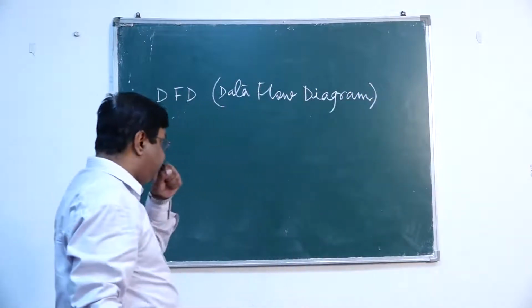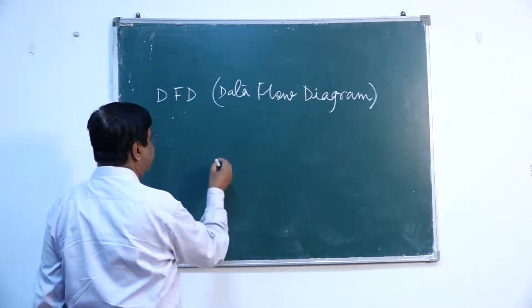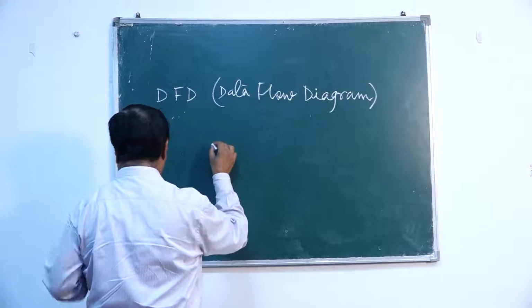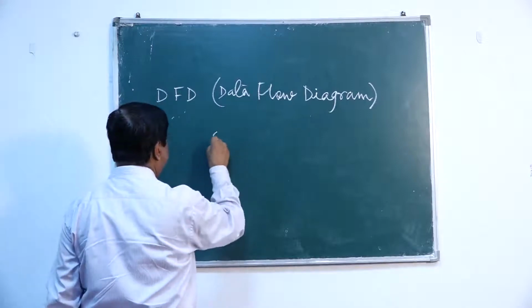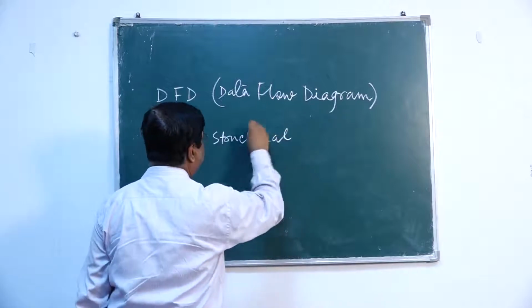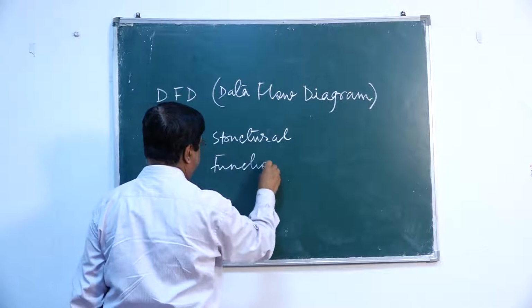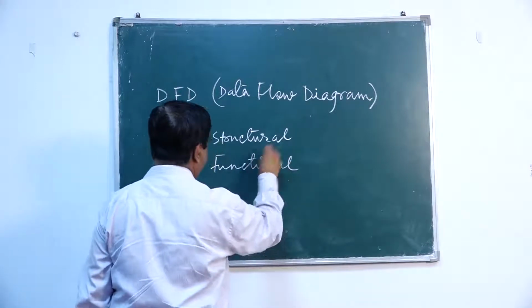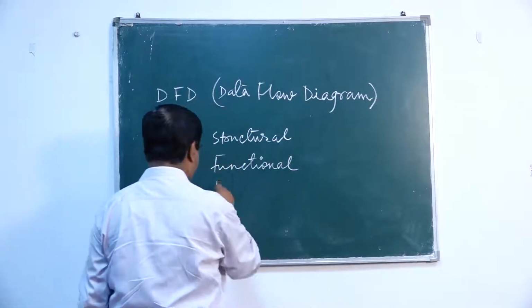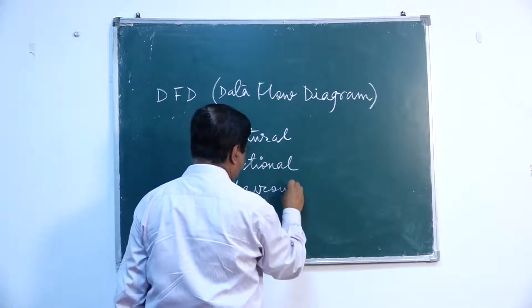So, before going into detail, we shall understand that any object has three types of modeling: structural modeling, functional modeling, and behavioral modeling.